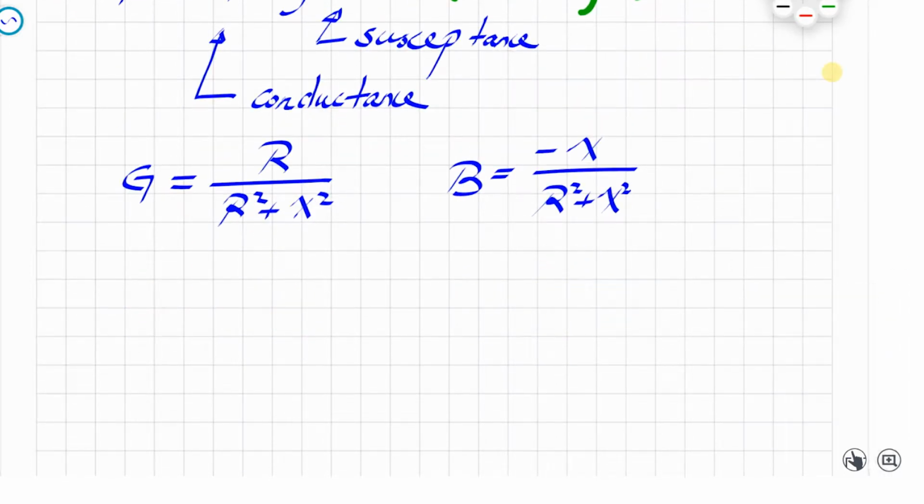Now, what happens for the admittance in circuits?